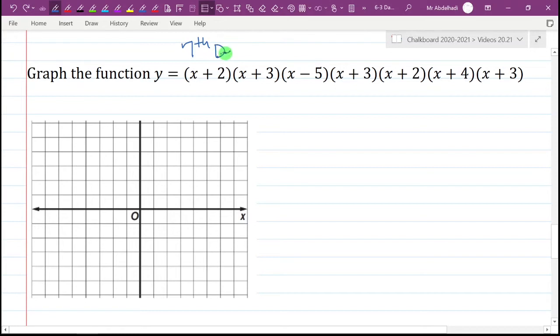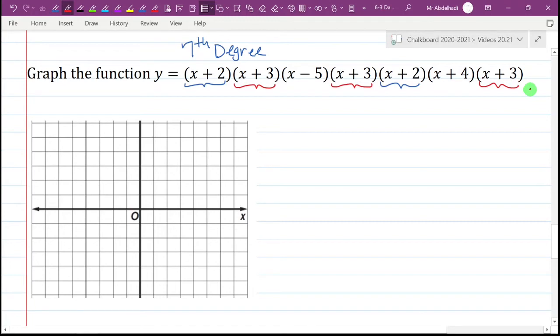So if I give you a 7th degree function and told you to factor it, that's a nightmare. But I've already factored it for you. But you'll also notice that some of the factors are repeated. Like for instance, here's an x plus 2, and here's another one. And also, here's an x plus 3, and here's another x plus 3, and here's another x plus 3. So some of the factors are repeated.